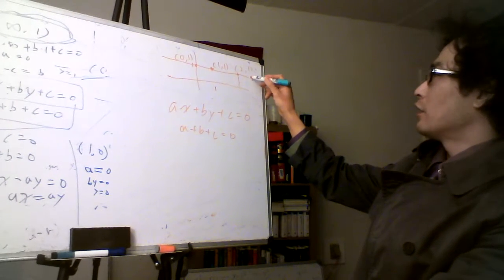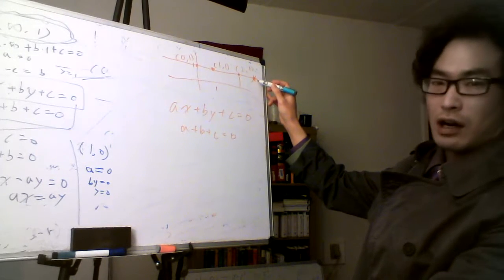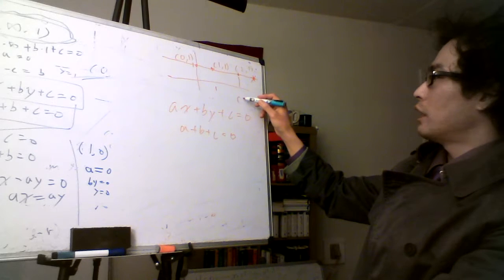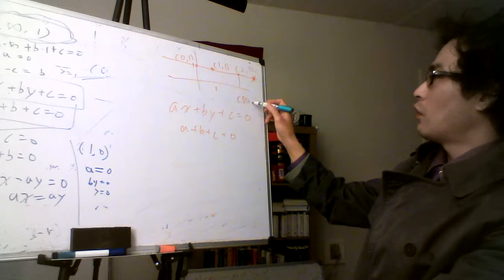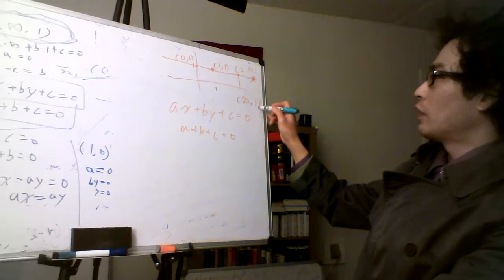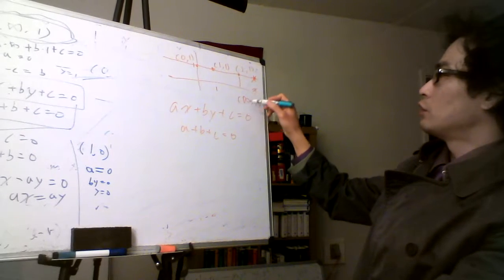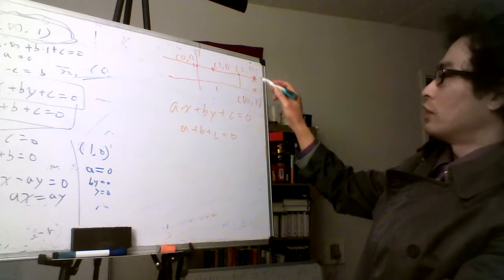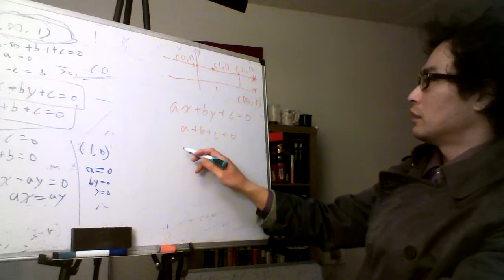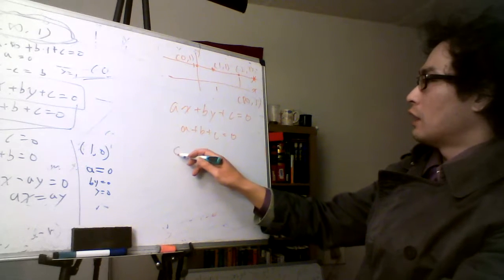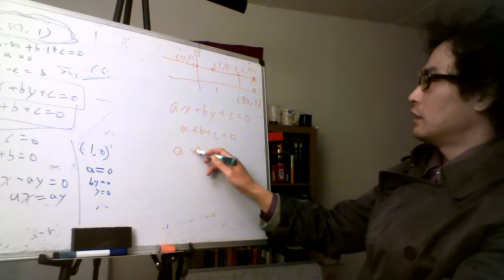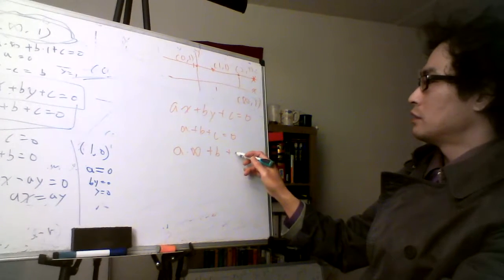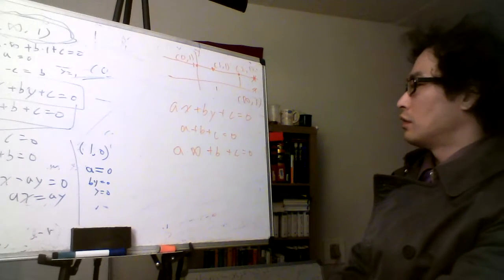Far away here, the star, remote star, its coordinate is infinity comma 1, okay? X goes to infinity, okay? And y is still 1, okay? Let's plug that in, just for fun, okay? Now a times infinity plus b plus c is equal to 0, okay?